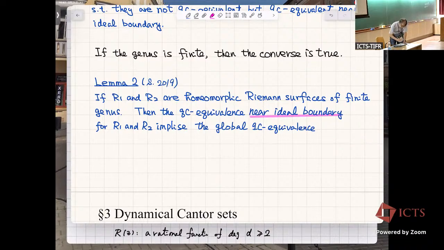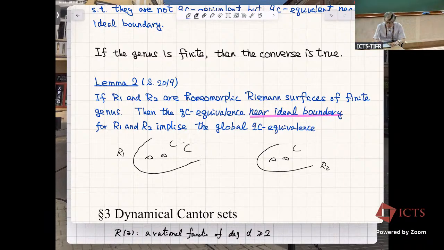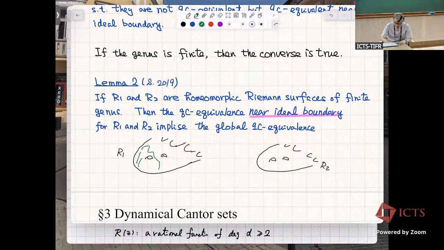So here's R1 and R2. No, genus is finite, sorry. So the same genus, but it has infinitely many ends. So the assumption is that there's some compact subset K1 and some compact subset K2, and there exists a quasiconformal mapping from the outside of K1 to the outside of K2.